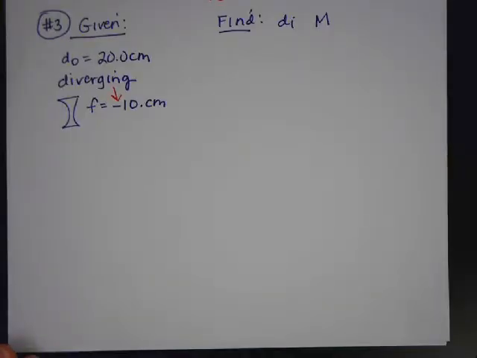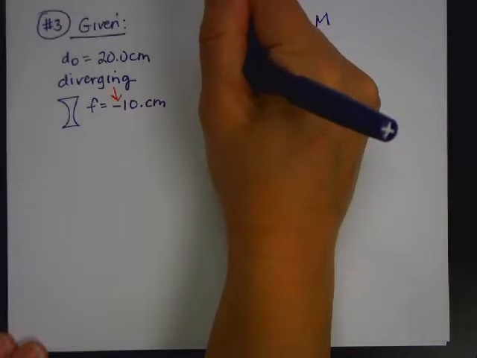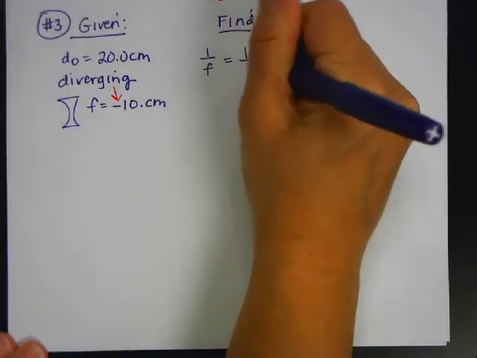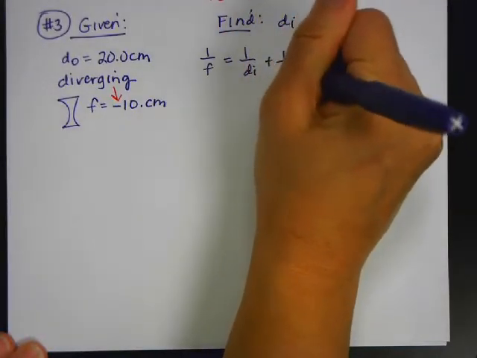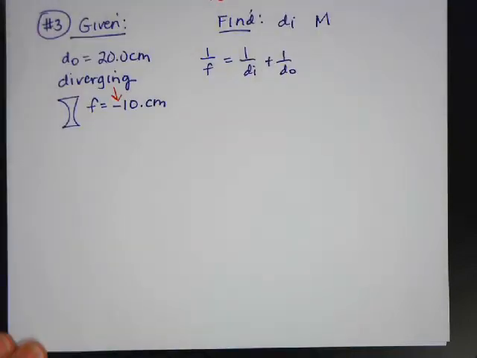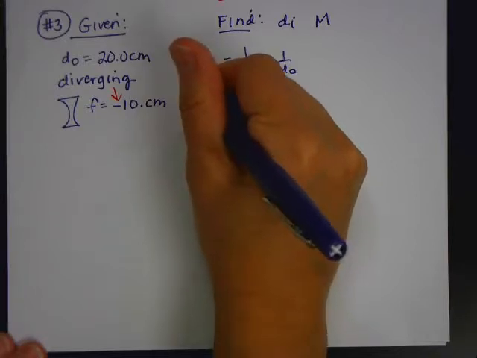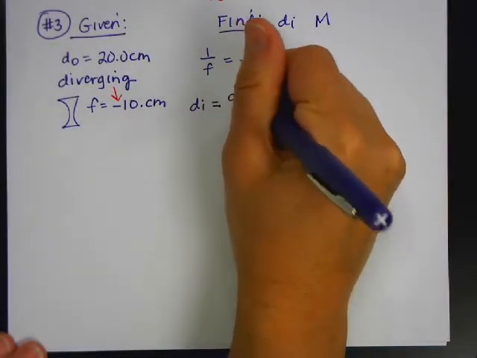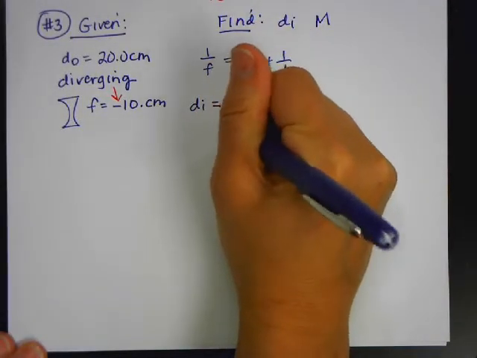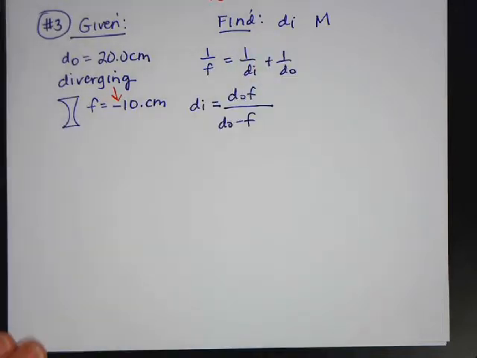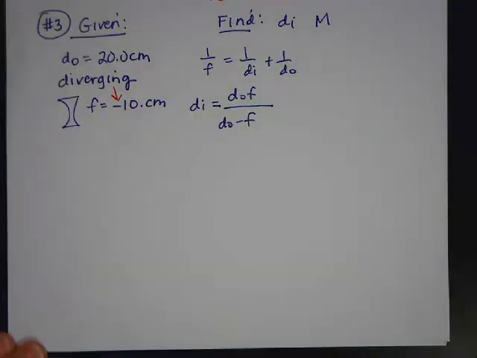So first I'm going to write my equation. The basic equation is 1 over f is 1 over di plus 1 over do. Then I'll rearrange the equation to solve for the unknown in terms of the known. So di is equal to do f divided by do minus f. Now I'm going to substitute in my values.